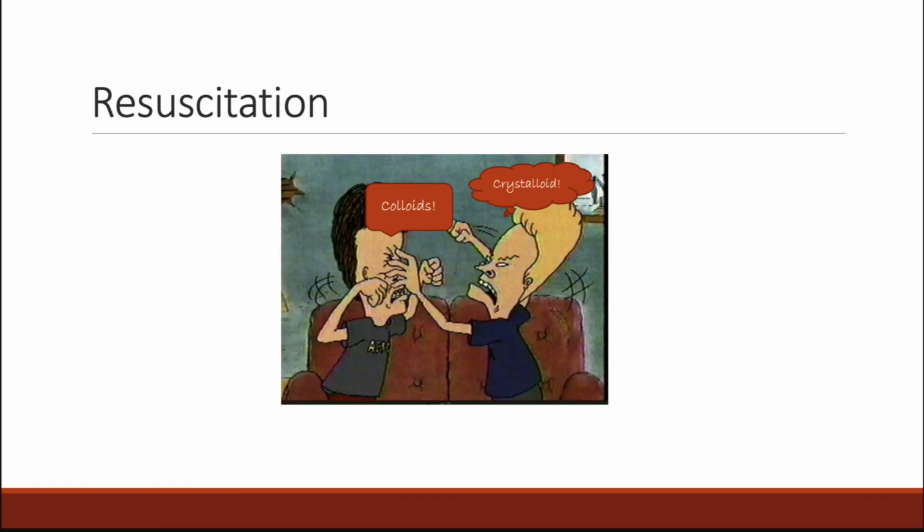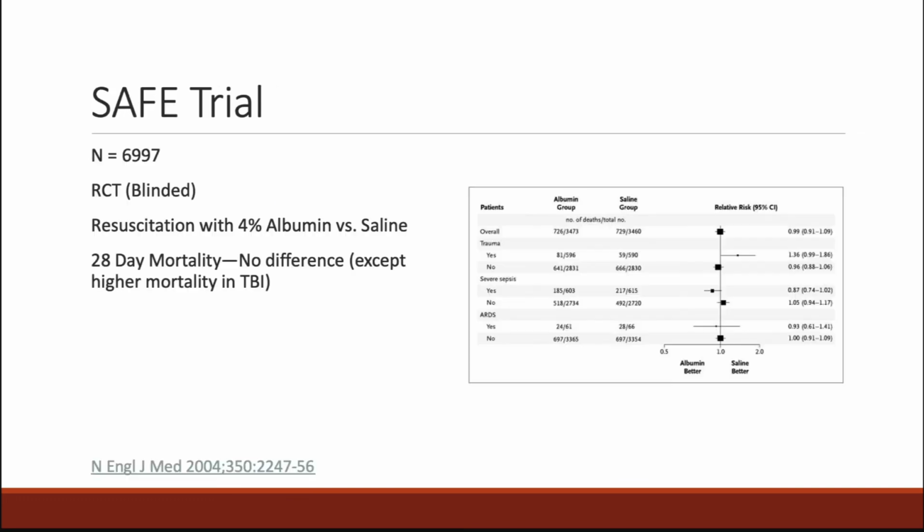So let's talk about resuscitation. The colloids versus crystalloids argument has been worn out over the years, and the SAFE trial done in 2004 was one of the things that did that. You'll see, I showed you how to read forest plots. You'll see that in this randomized controlled trial, which was blinded, patients either got 4% albumin, I don't know where they got that, like the rest of us have 5% albumin, but whatever, 4% albumin or saline were the two groups.